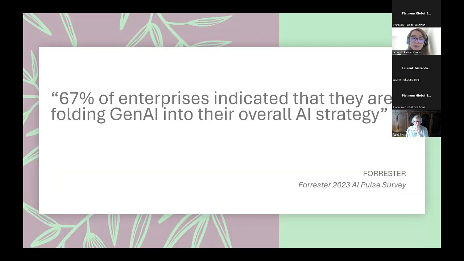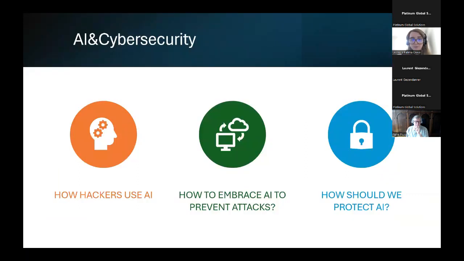But it's a reality today that 67% of enterprises already embedded generative AI in their business. So it's a reality that today we are using generative AI also to forecast our strategies. It's a reality that we are working with generative AI.